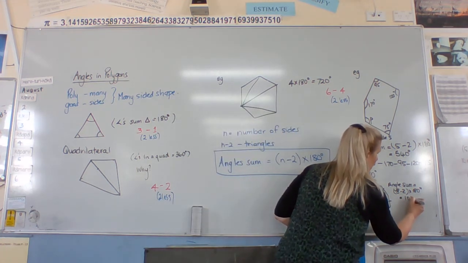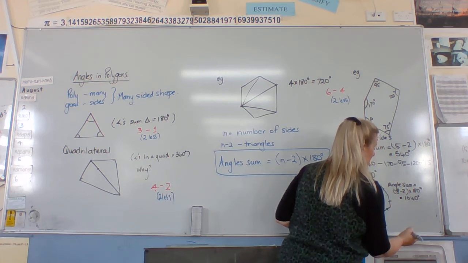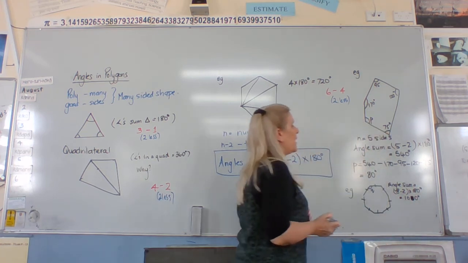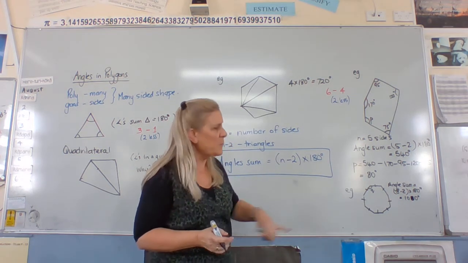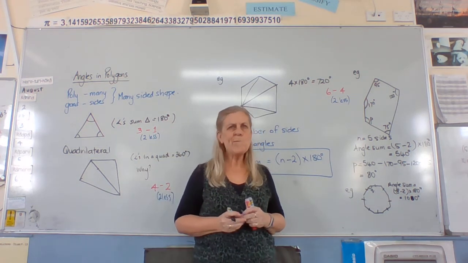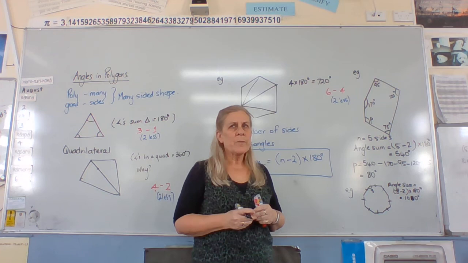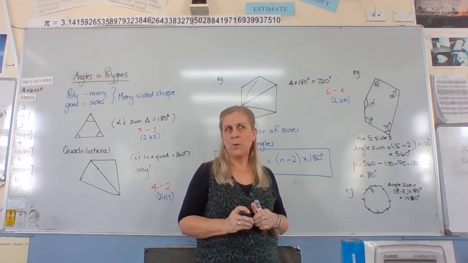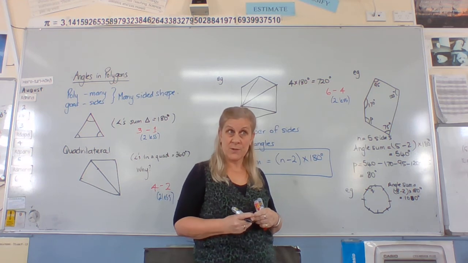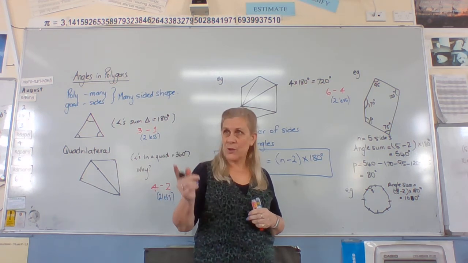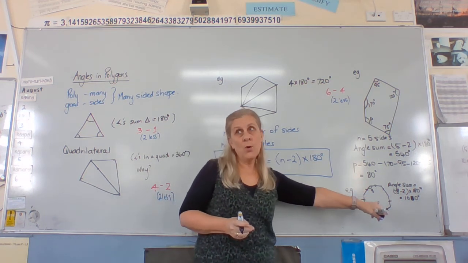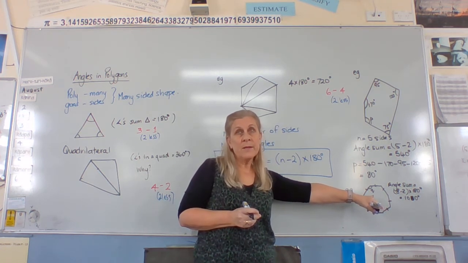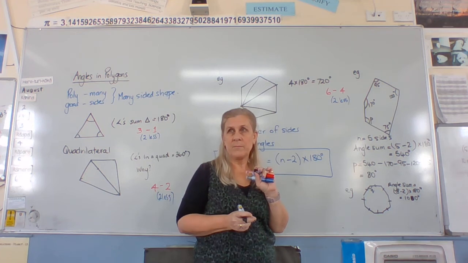Get my calculator. 1080, good, my brain is good. Okay, 1080. How do I find Q? If all the sides are equal, what can you tell me about the angles? Good, they're all the same. So if the whole lot of them add up to 1080, how will I find one of them?